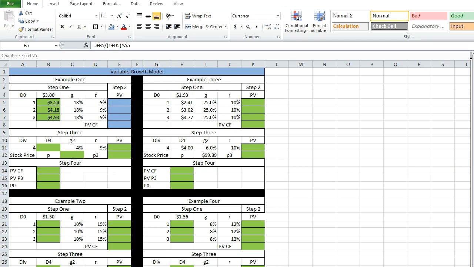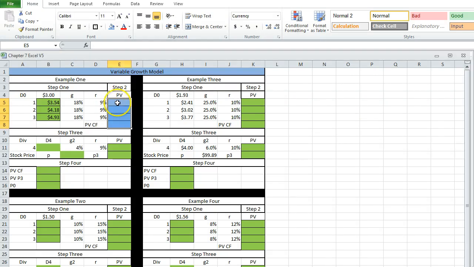So what I'm going to do here is use the present value formula. I'm going to take the dividend and divide it by 1 plus the required rate of return and escalate it by the number of years I want to discount by.